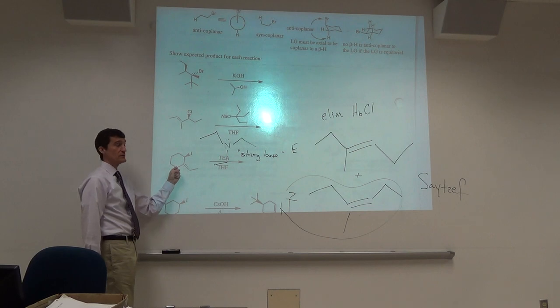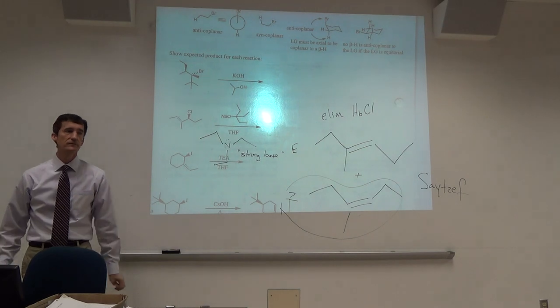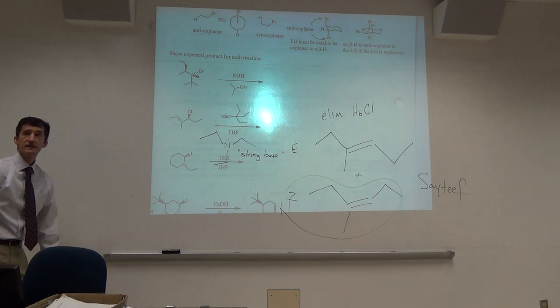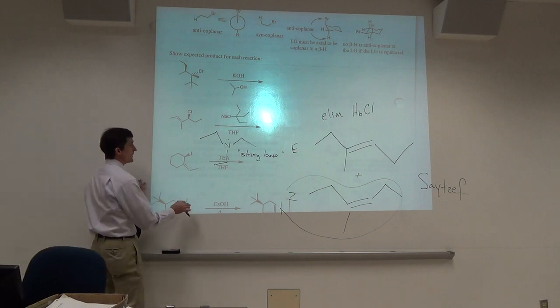Now that we know we're doing E2 elimination, show how many possible beta elimination products there are. Just all possible. How many are there? Somebody say it. 2 beta hydrogens and 4 products.